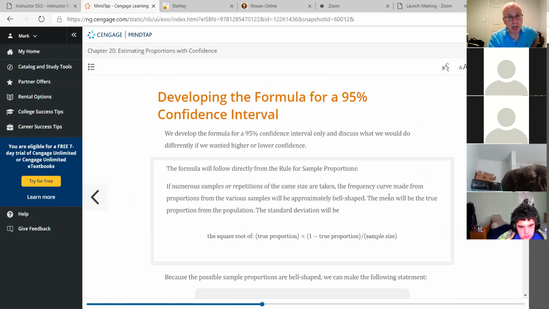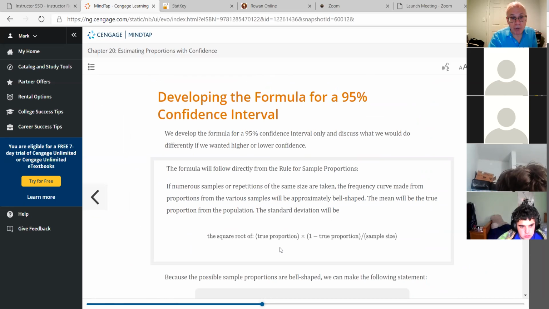Now, if you remember from chapter 19, there was a rule for sample proportions that said something about the standard deviation of the frequency curve for all the various sample proportions that we could possibly imagine.